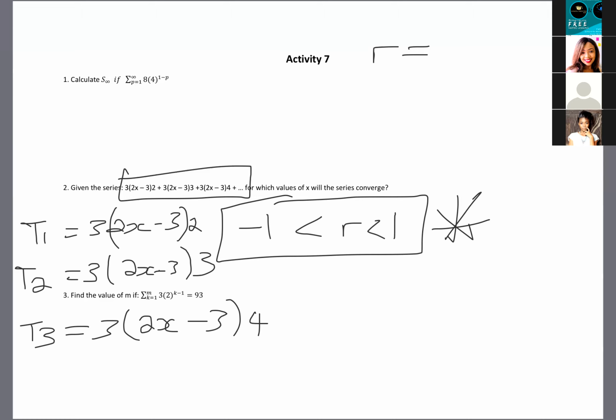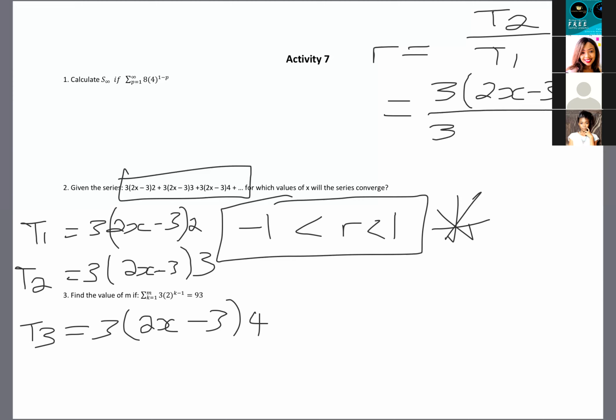So now I told you that R is equal to T2 over T1. So my T2 is this whole thing, which is 3, 2x minus 3 multiplied by 3, over my T1, which is 3, open bracket 2x minus 3, close bracket 2. Do you see it?